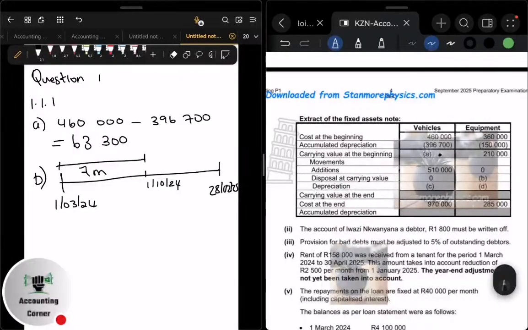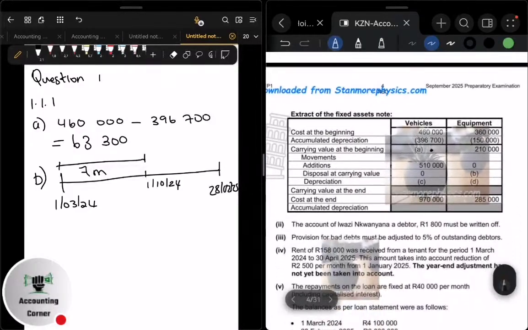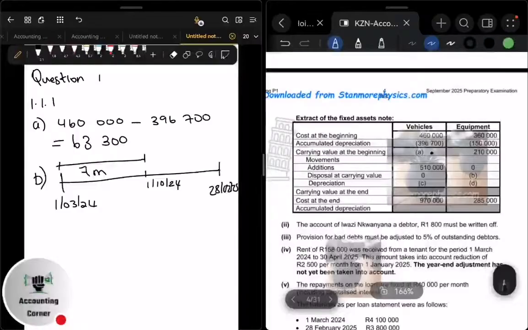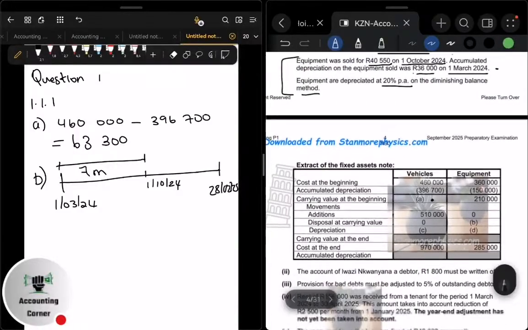Okay, let's see what other information we're given. We do have the carrying value at the beginning of all our equipment, and we have the cost at the end. So we can take our cost at the beginning minus our cost at the end, because they didn't tell us that we purchased any equipment, just that we sold it.